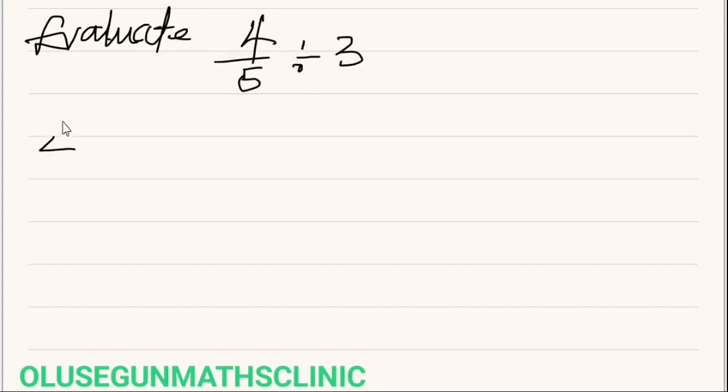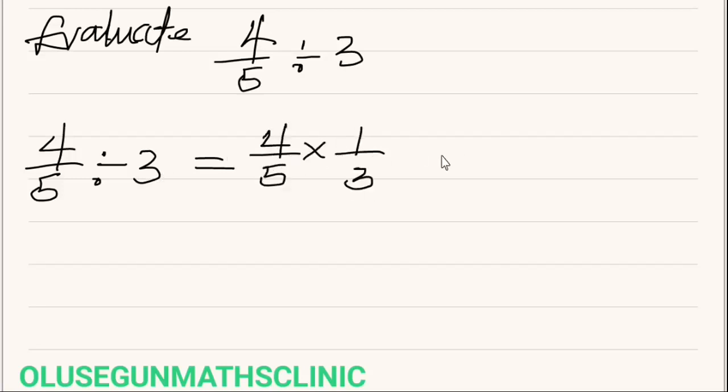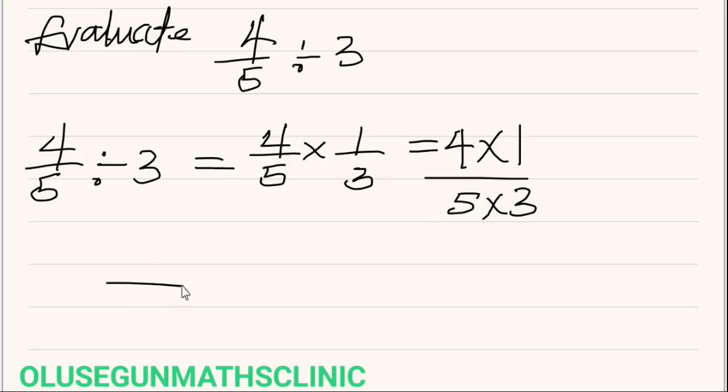So 4 over 5 divided by 3 will give you 4 over 5 times 1 over 3, which is equal to 4 times 1 over 5 times 3, which is equal to 4 over 15. So that is how to divide.